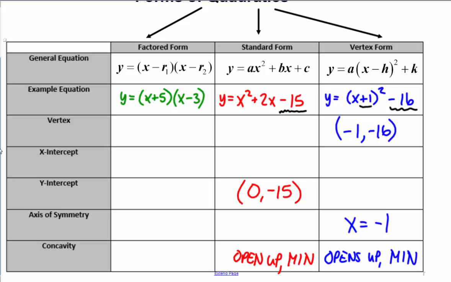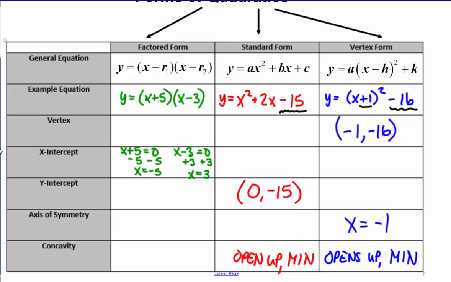So we could write x plus 5 equals 0 and x minus 3 equals 0. To solve this, we would subtract 5 from both sides. So we get x equals negative 5 as one of our x-intercepts. And on this one, we would have to add 3 to both sides. And we would get the value x equals 3.